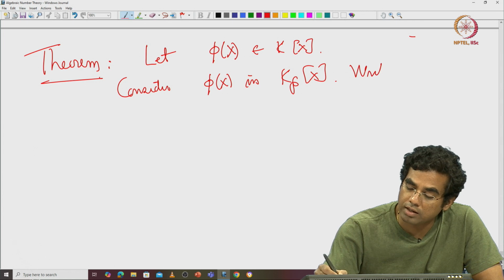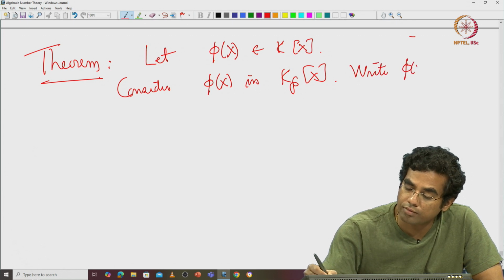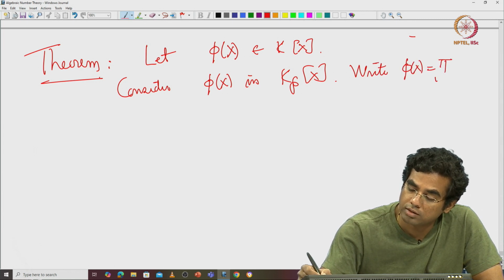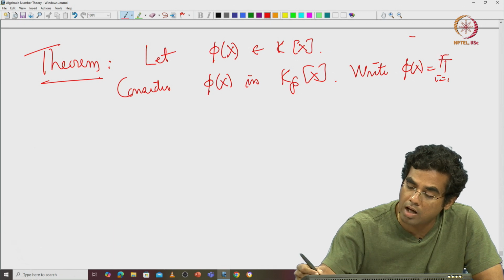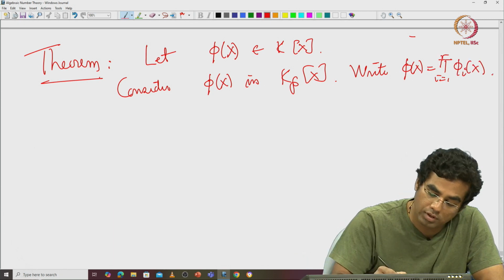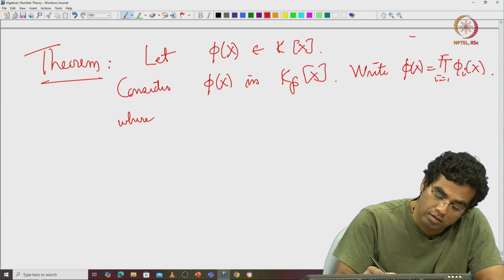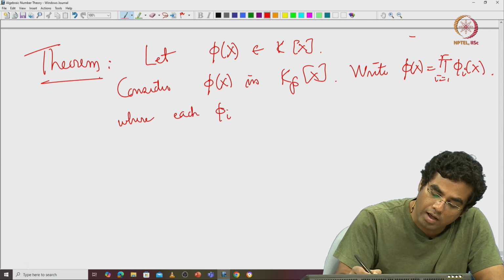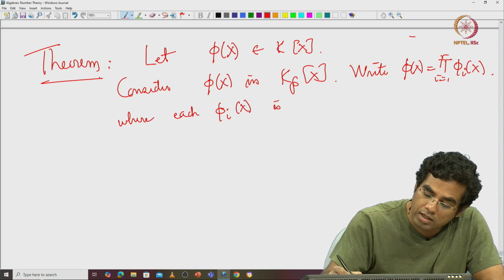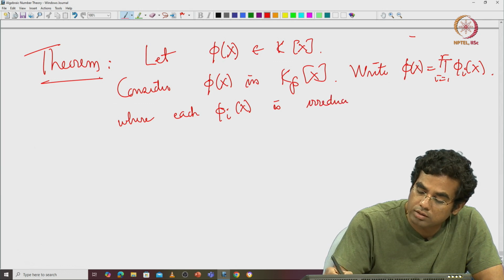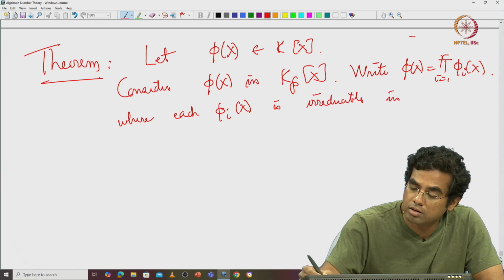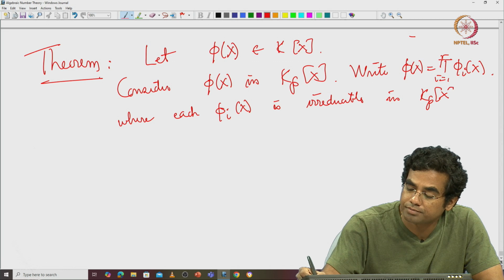And so, I can write phi of x as the product, i going from 1 to r, of phi_i of x, where each phi_i of x is irreducible in K_p[x].